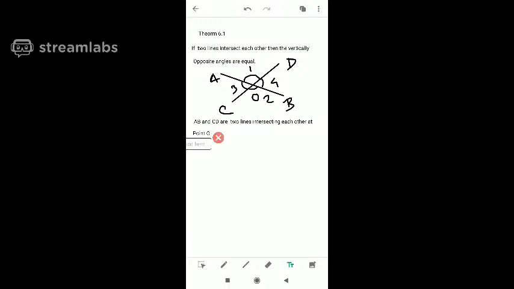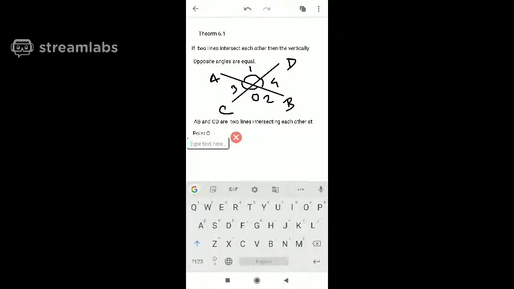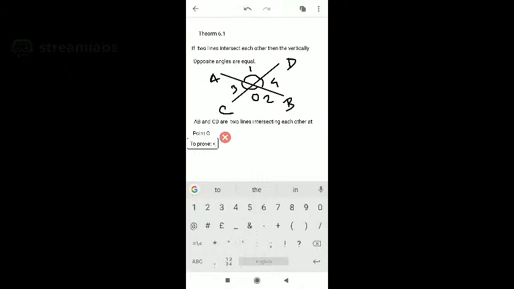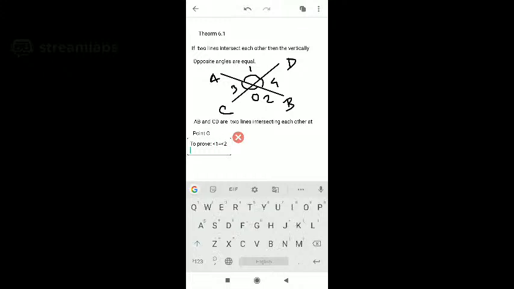So here we will write, to prove: angle 1 equal to angle 2, angle 3 equal to angle 4. So this one we have to prove.